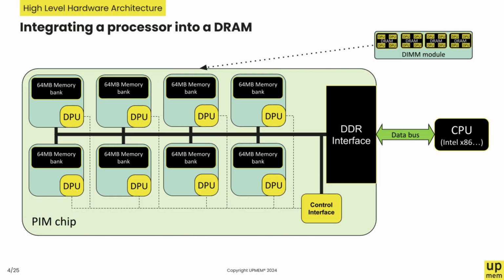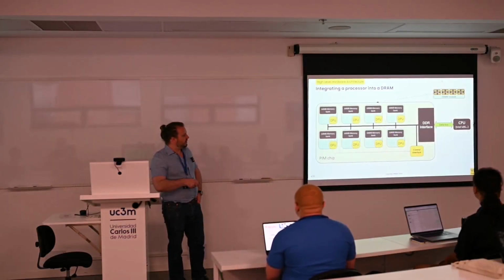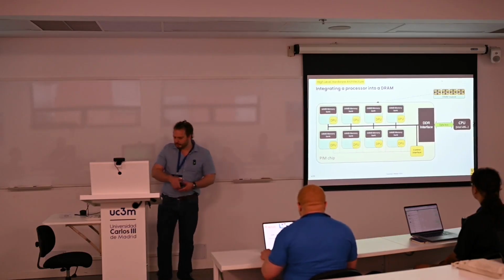By controlling, I mean starting the DPUs, stopping the DPUs, checking if they are in fault, that sort of thing. And this control interface is used by writing into memory. So all the host CPU is doing is writing into memory. Basically half the address range is used to communicate with the memory banks, and the other half is used to write instructions that are going to be read and executed by the DPUs.